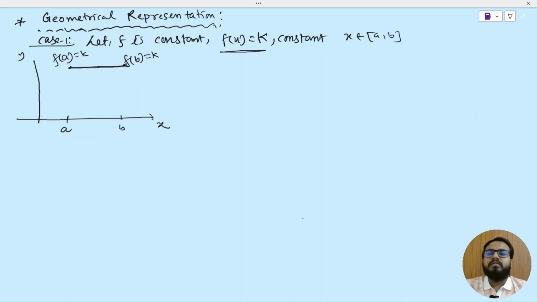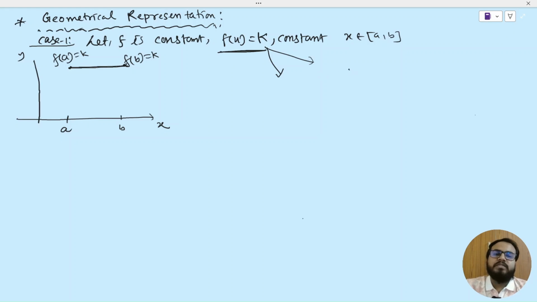Now we claim that this function f satisfies all the three conditions of Rolle's theorem. Why is this so? Because we know that all constant functions are continuous over the real line R. Similarly, all constant functions are differentiable over the real line R. That means f is continuous on the closed interval [a, b] and f is differentiable on the open interval (a, b).